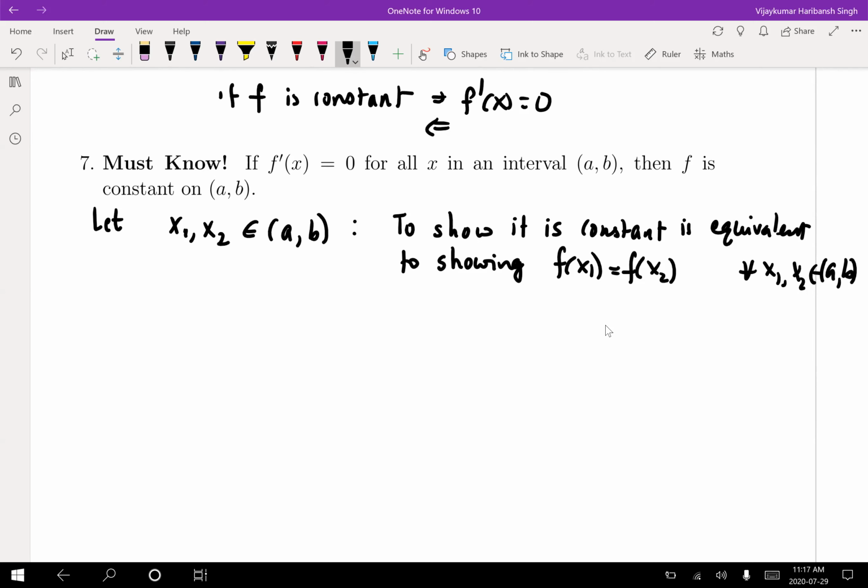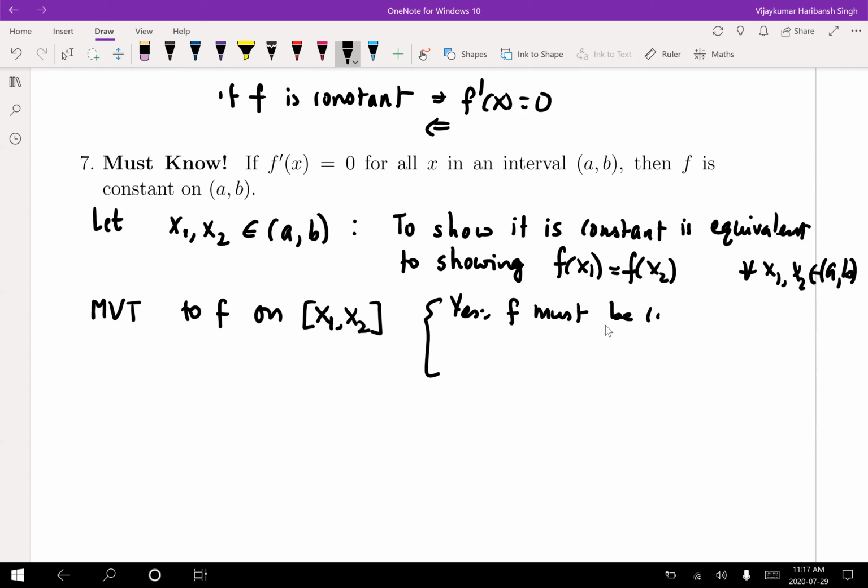So let's apply the mean value theorem to f on the interval x1, x2. Can we apply it? Yes. f must be continuous and differentiable, and it is continuous and differentiable.